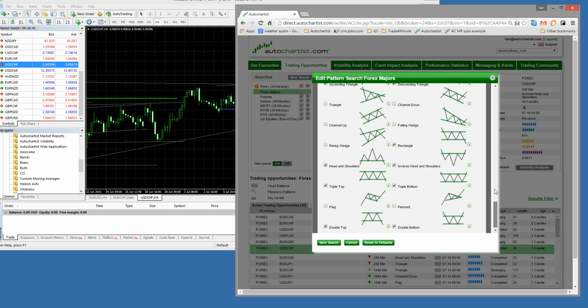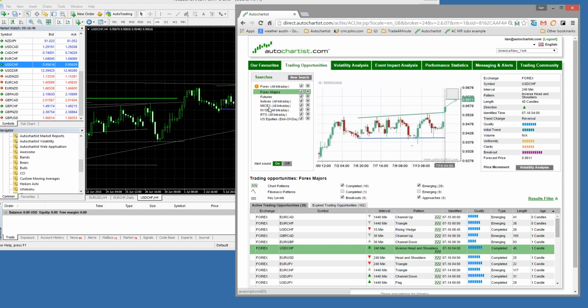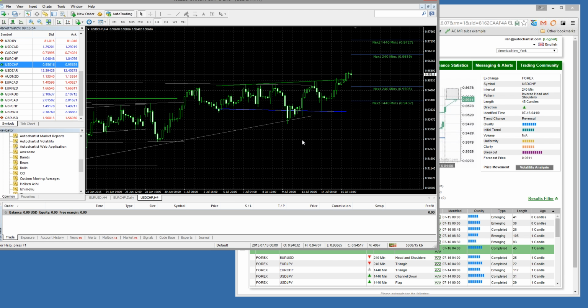And if you go into the performance statistics of Autochartist, you will very quickly see why I love horizontal levels. I feel that the market digests them a lot better, and they're more indicative of future performance. And you'll notice that very quickly on our past performance, on our statistics page. But certainly I like levels that are horizontal.